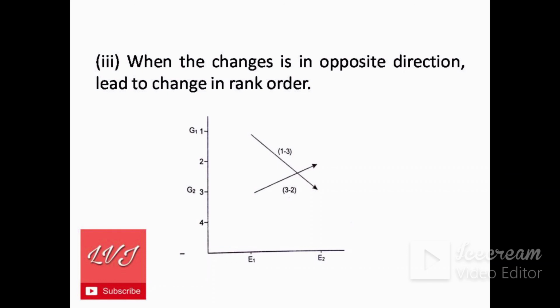So the change is in the opposite direction, and here there is also a change in the rank order. In environment 1, genotype 1 is on the top, but in environment 2 genotype 2 is on the top, so there is a change in the rank order.